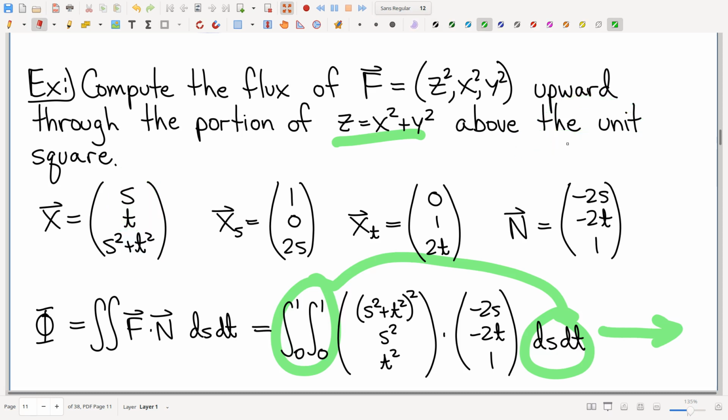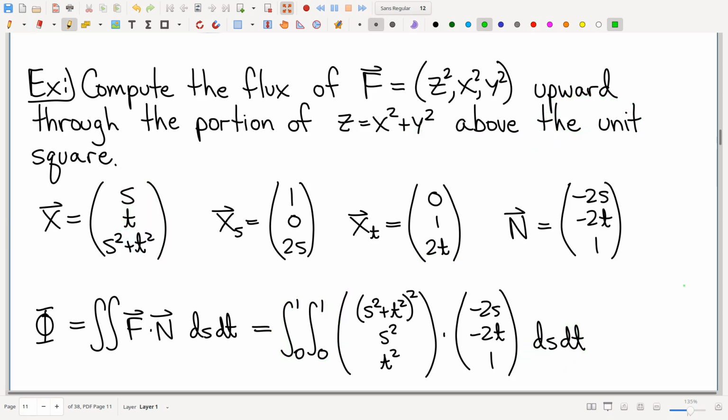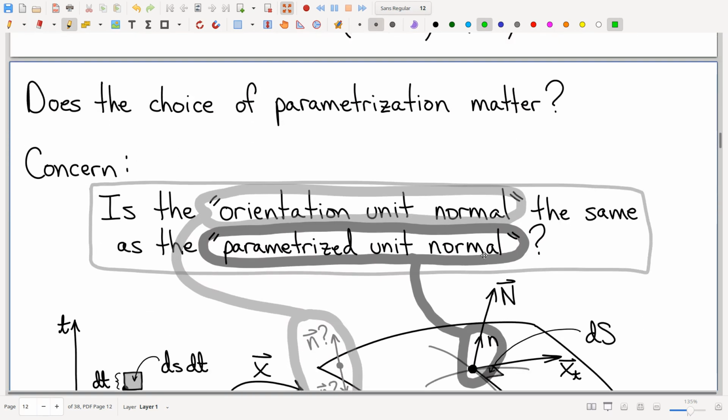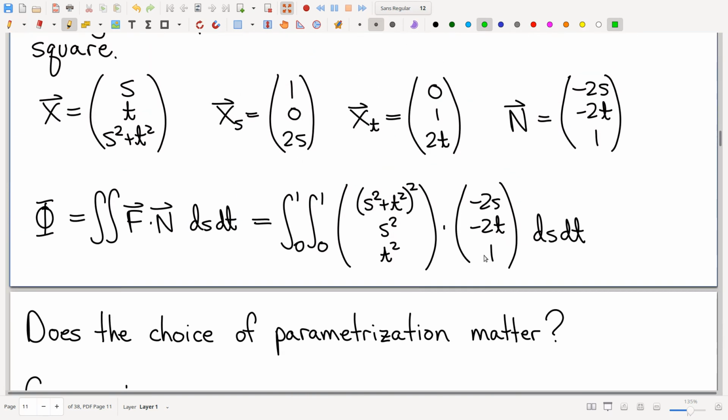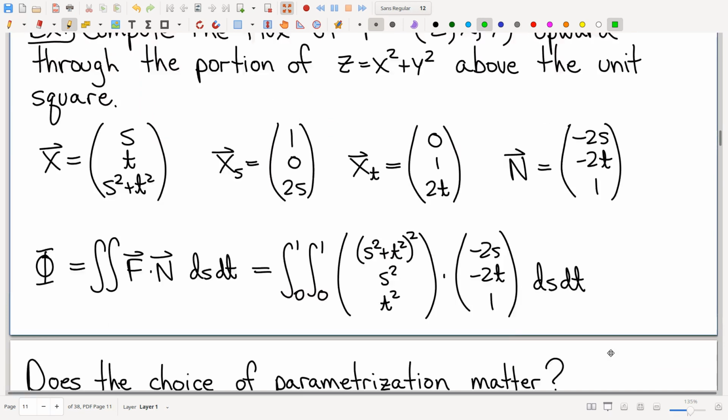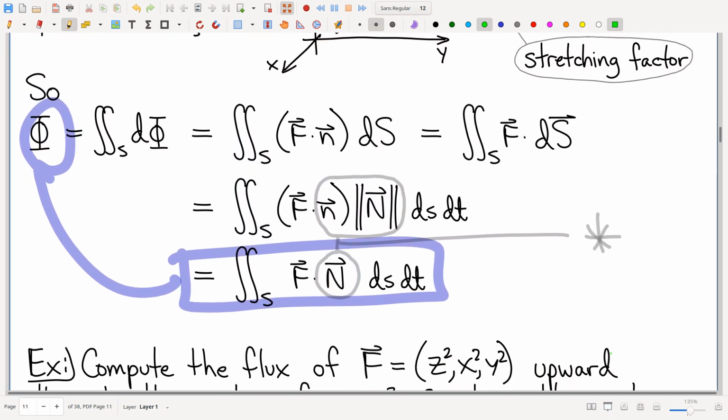So what was my crime? What did I do wrong? It has to do with this natural question of, does the parameterization matter? And let me just remind you, when we've previously seen formulas like this one, where something that is intrinsic to the surface and vector field is computed with a formula that seems to depend on what your parameterization is, because this is chock full of parameterization.